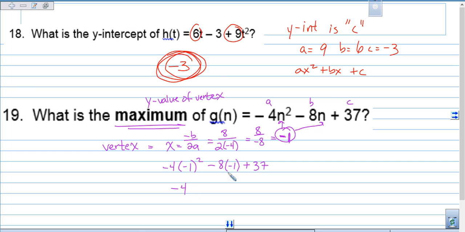Negative 8 times negative 1 is positive 8 plus 37. Negative 4 plus 8 is going to be 4 plus 37, which is 41. So 41 is our answer. Okay? Got it?